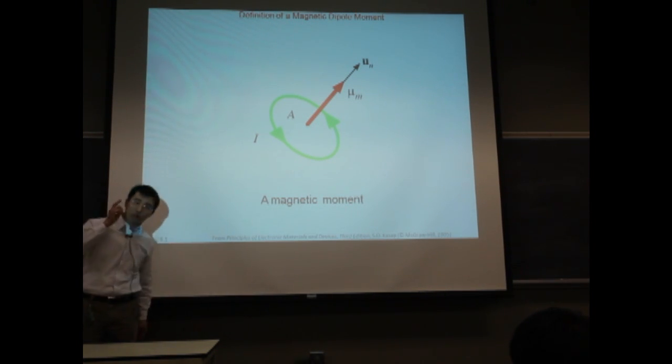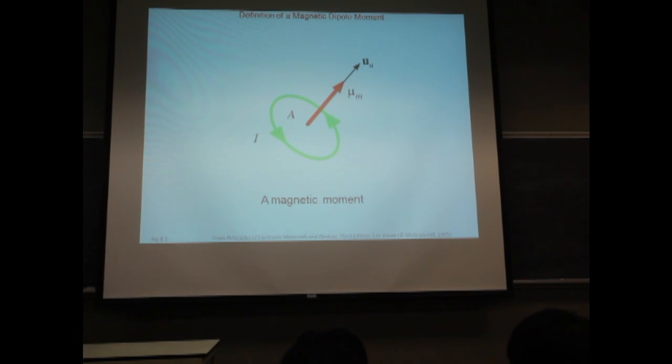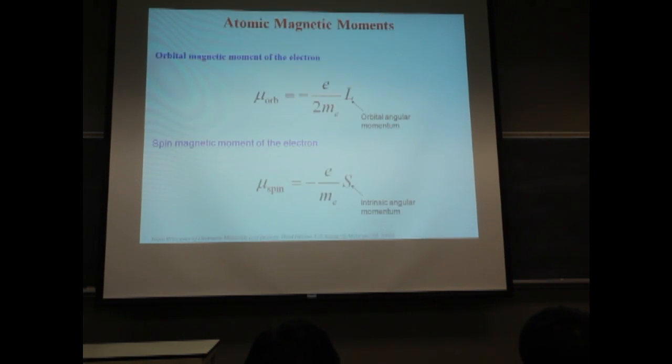The electron itself also spins up and spins down, which is called another magnetic moment. This is called the spin magnetic moment. So in an atom, there will be an orbital magnetic moment and a spin magnetic moment. They can be calculated based on the movement of the electron.